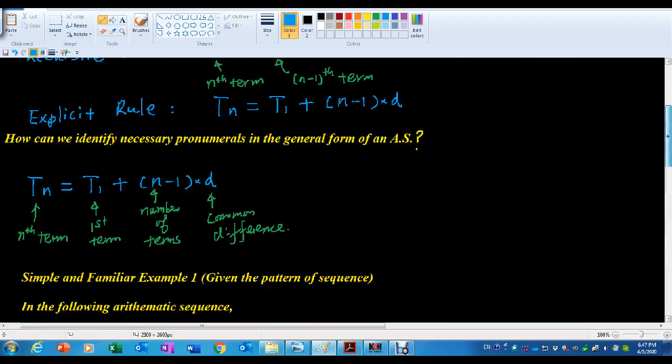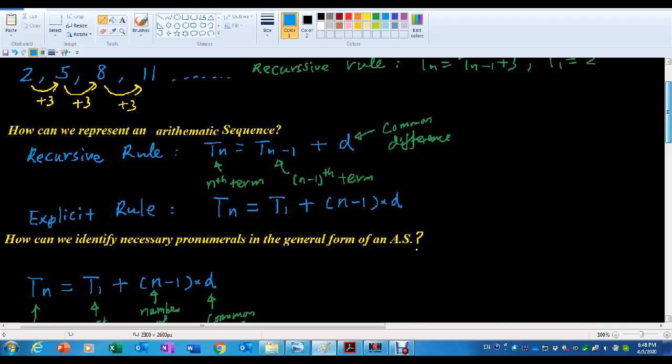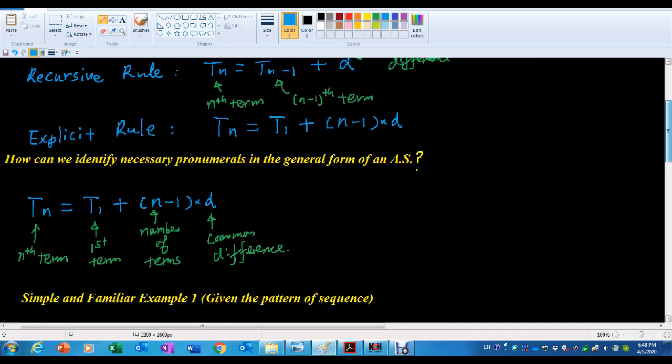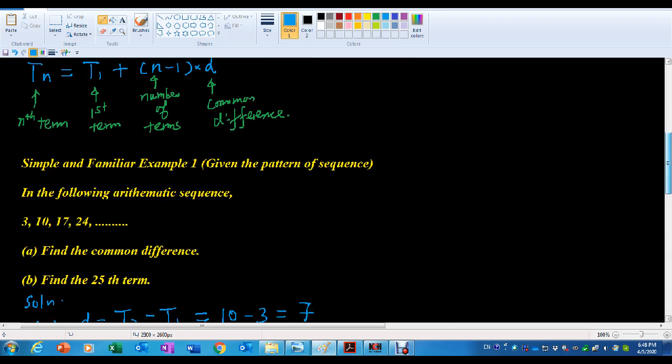So for this video, you should know the basic definition of an arithmetic sequence, and its major property, which is the common difference. Also there are two ways to represent an arithmetic sequence, the recursive rule and the explicit rule, and you need to identify the important components in the explicit rule of the arithmetic sequence.